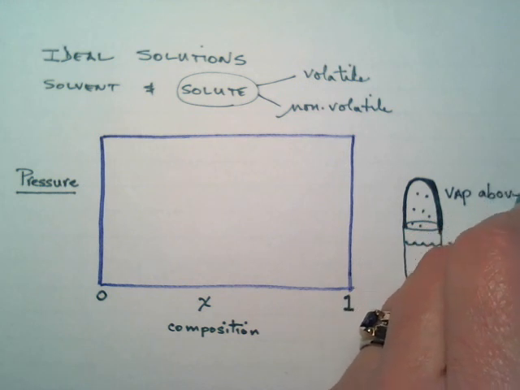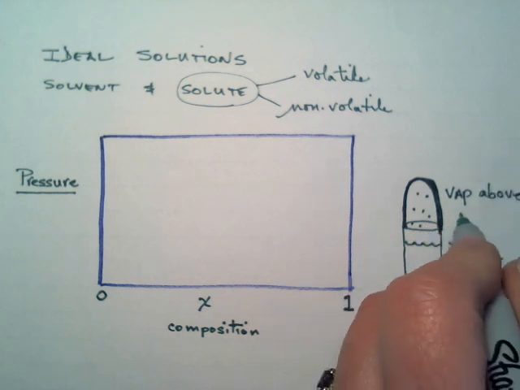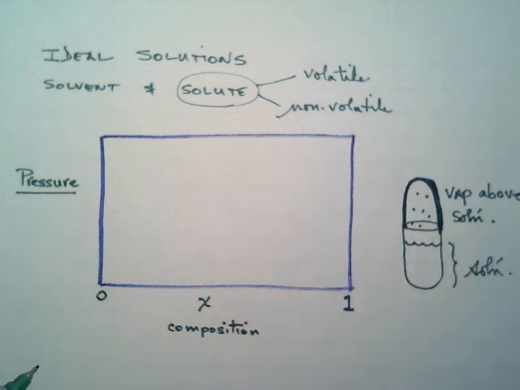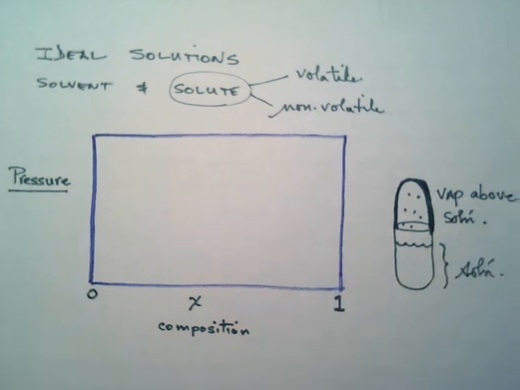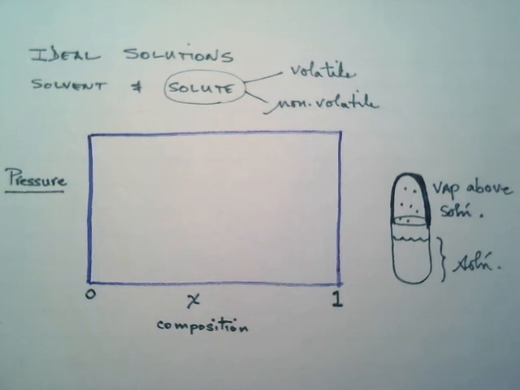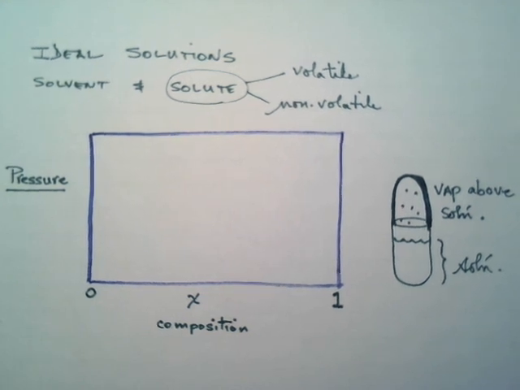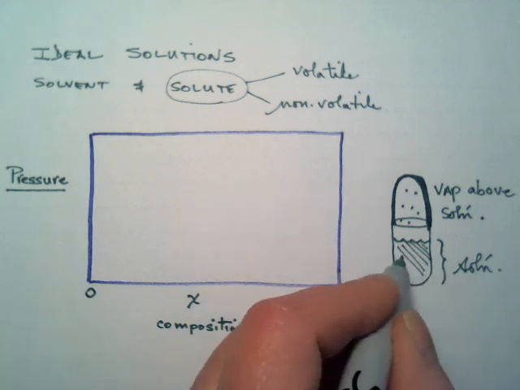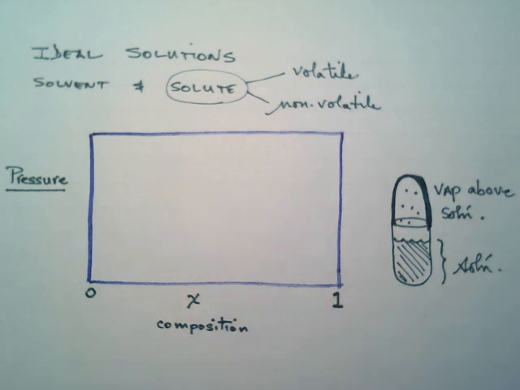And I'm not going to describe it more than that for the moment. So that vapor, of course, has a vapor pressure that can be measured and plotted, and that's what my y-axis is. So I have my solution, and the solution is going to be a certain composition.